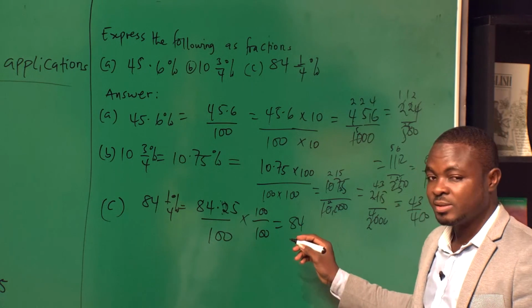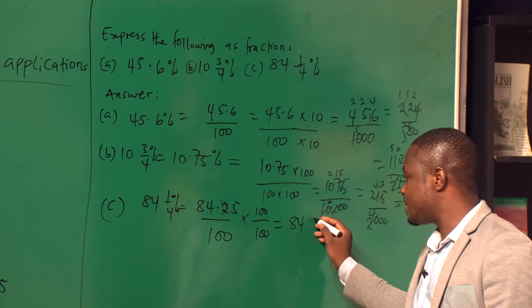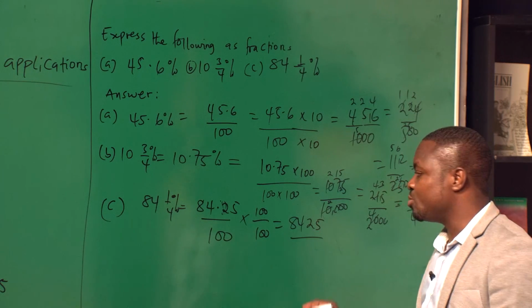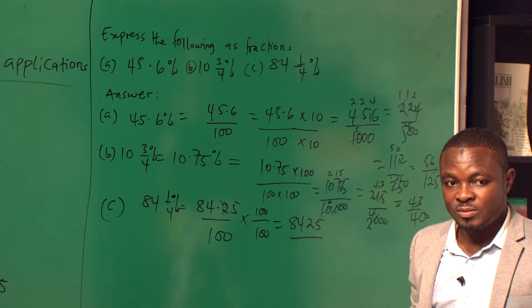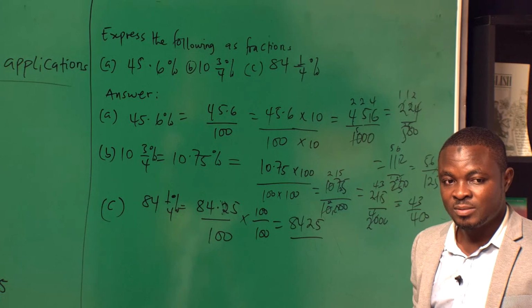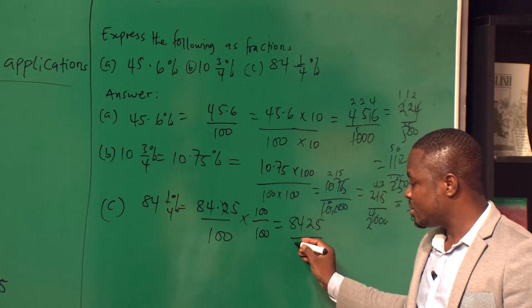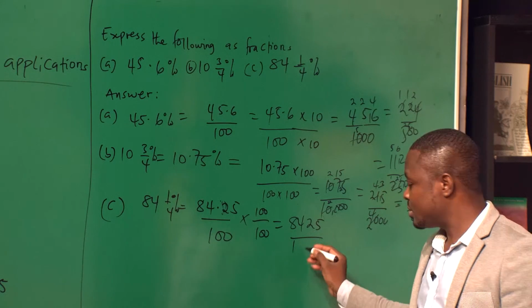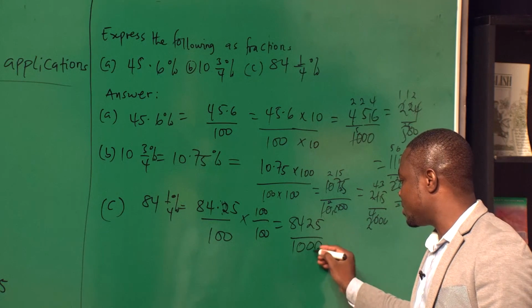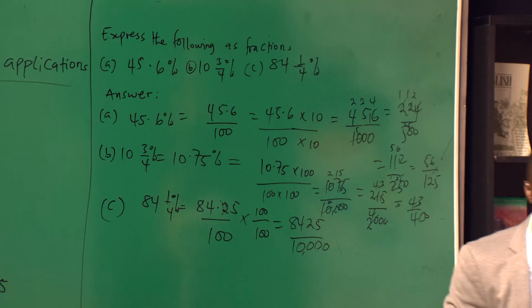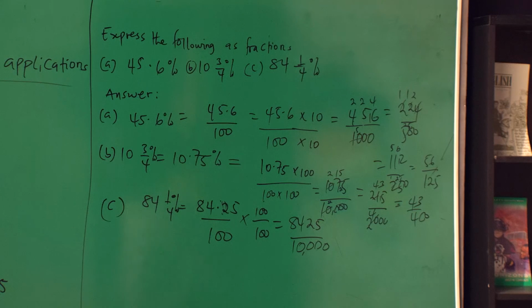So say it: 8425. And the denominator will be 100 times 100. How many zeros should come? 4. So you have 10,000. So that is what you should do. Following what we have done already, you should be able to reduce it to its simplest form.